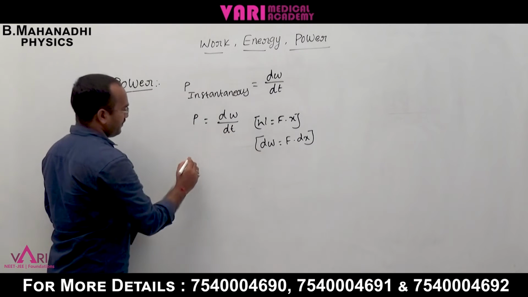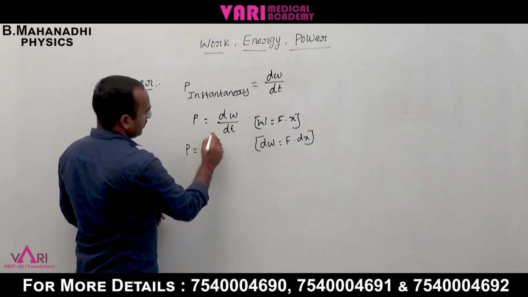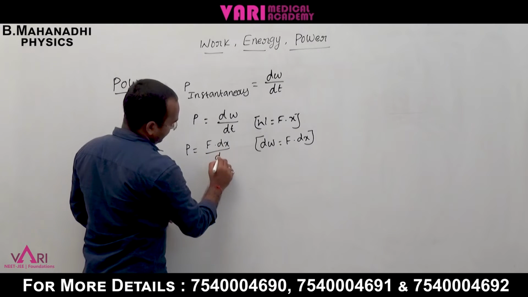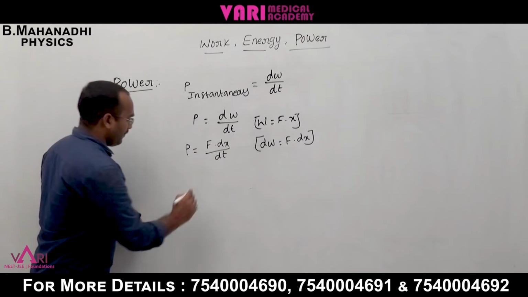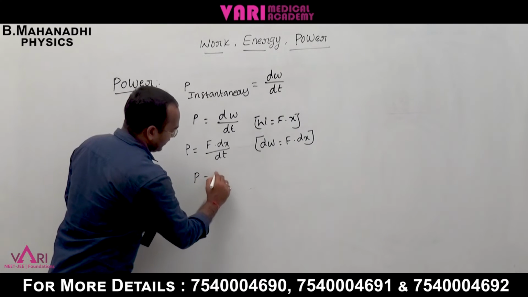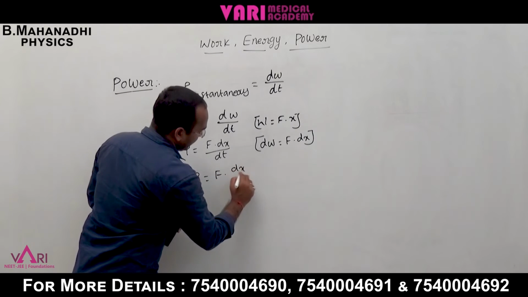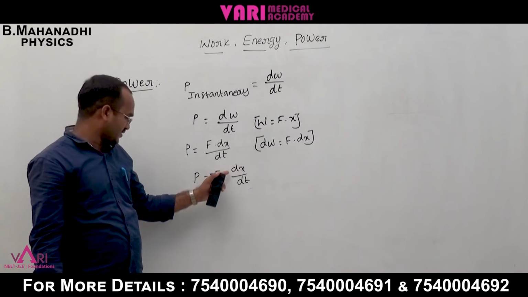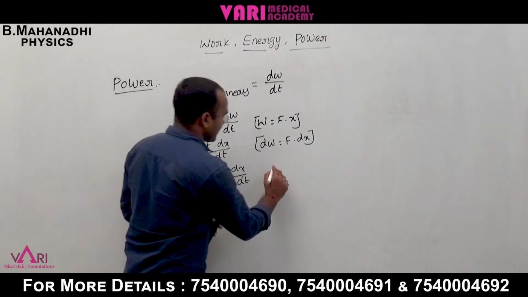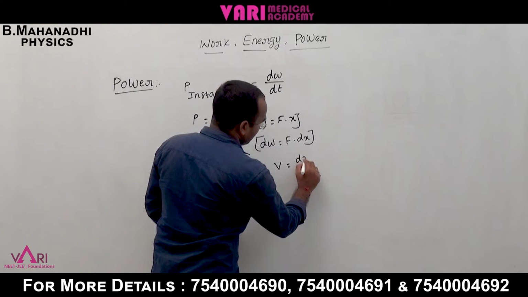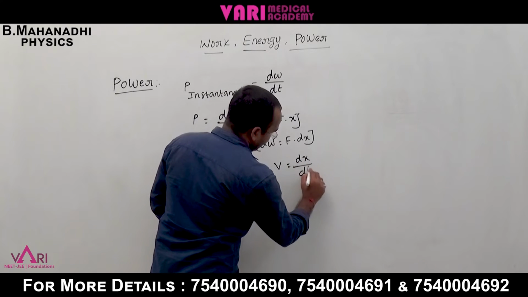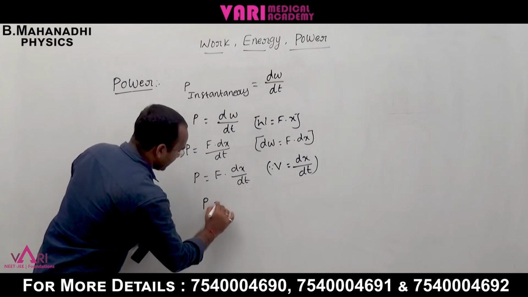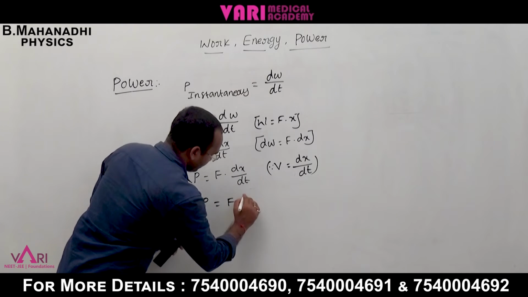Substituting, power P is equal to F into dx by dt. The rate of change of displacement with respect to time is velocity, velocity is equal to dx by dt. Now substituting, P is equal to F into V.